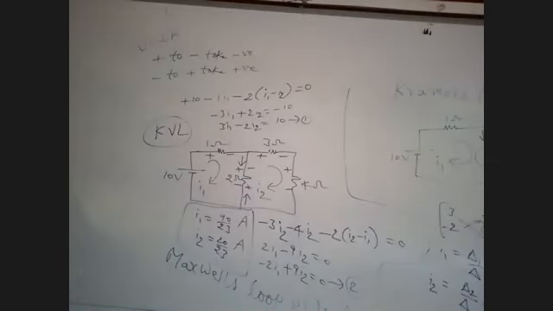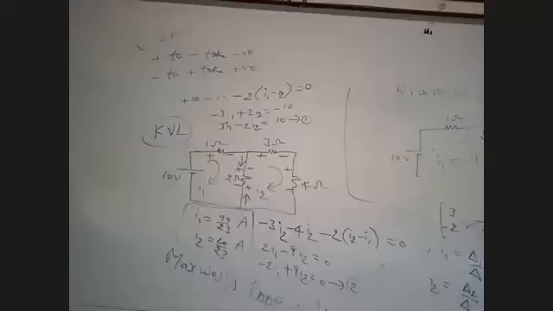Write down the definition for KVL: algebraic sum of voltage drops in a loop is equal to 0.